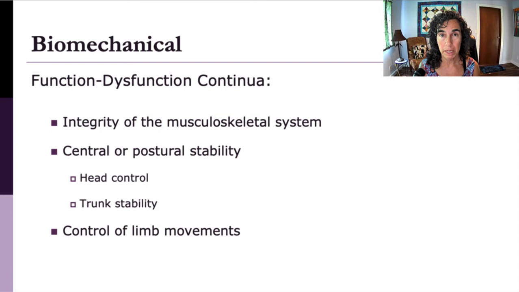The integrity of the musculoskeletal system is a part of it. How messed up is the kid, basically? Central or postural stability. So we look at head control and we also look at trunk stability and how we can foster that, either externally or by building strength and endurance. And then also, how well can they control their limbs?